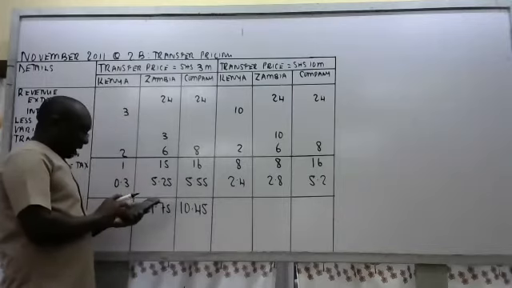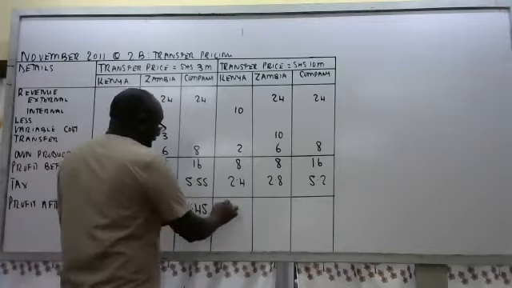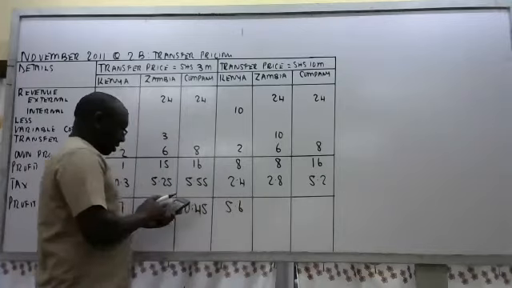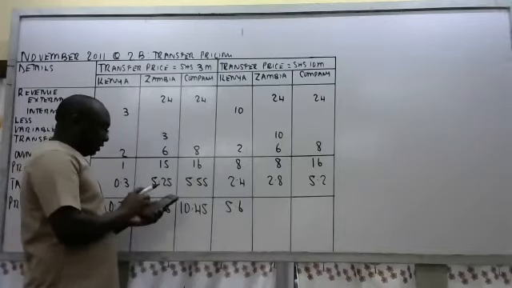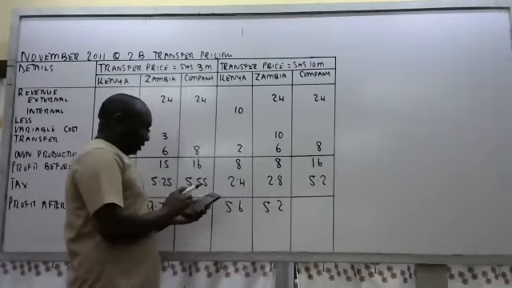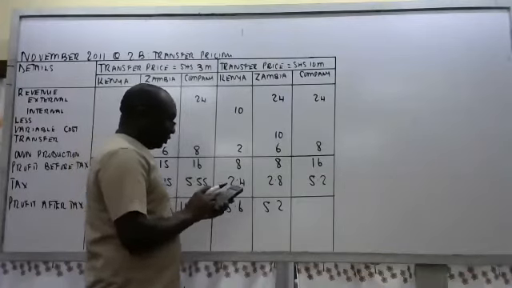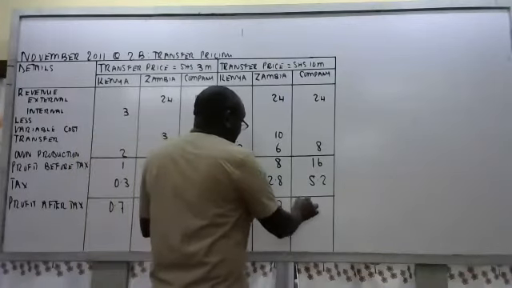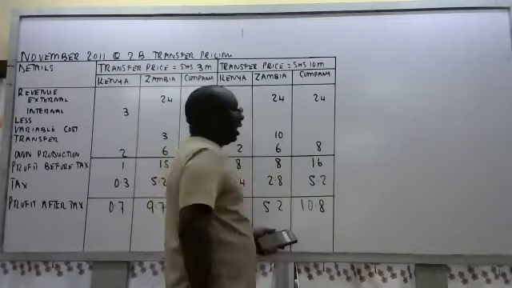Then 8 minus 2.4 is 5.6. 8 minus 2.8 is 5.2. 16 minus 5.2 is 10.8.